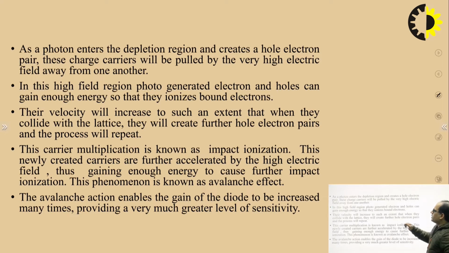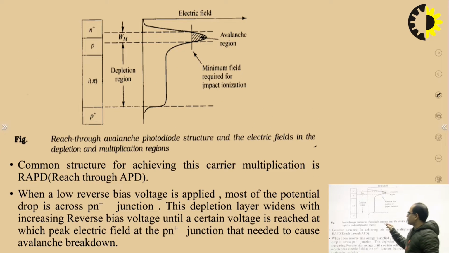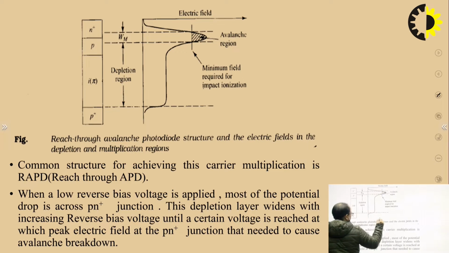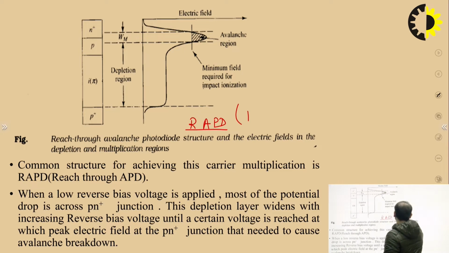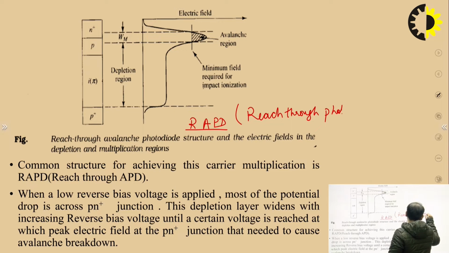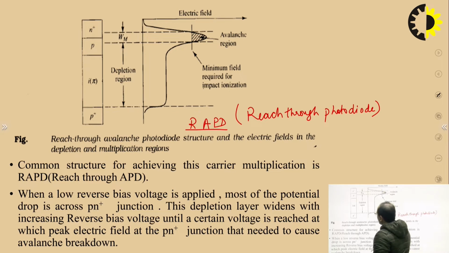Now see this one. Let's say this is one of the photodiodes, the RAPD, known as the reach through photodiode. This is the RAPD structure.